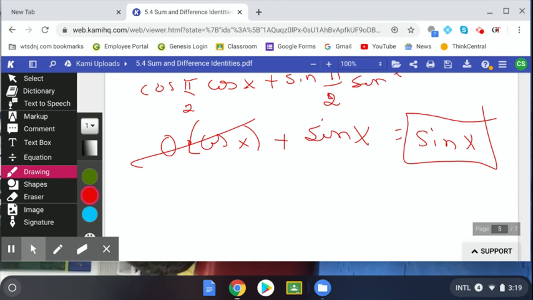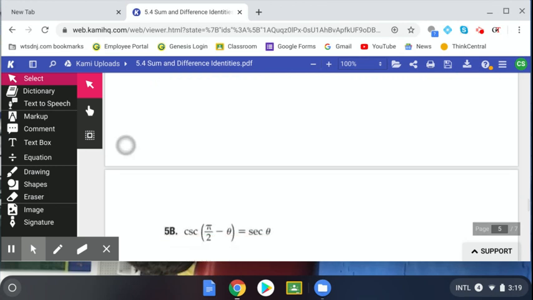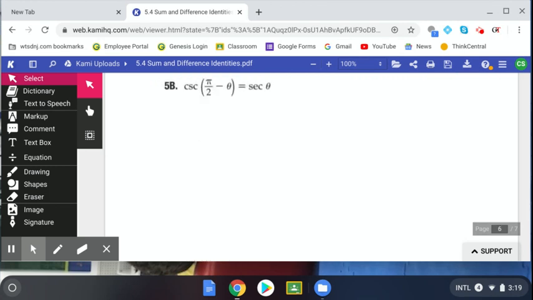Okay. For 5b, I have to verify a cofunction identity, once again, using sum or difference. So cosecant of pi over 2 minus theta is equal to secant theta. Because cosecant is the reciprocal of sine, I am going to apply the identity for sine, and then I can do the reciprocal for cosine and get the secant.